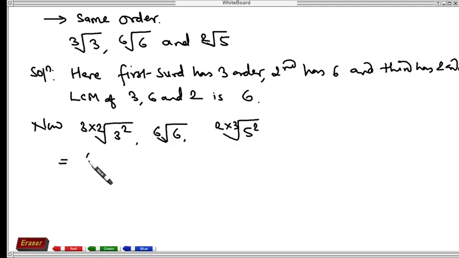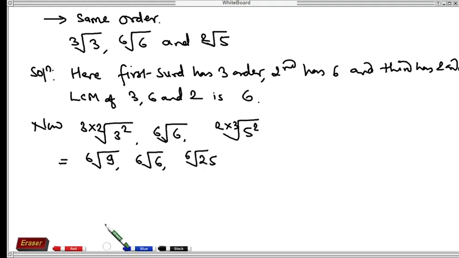That's why this is the 6th root of 9, this is the 6th root of 6, and this is the 6th root of 125.